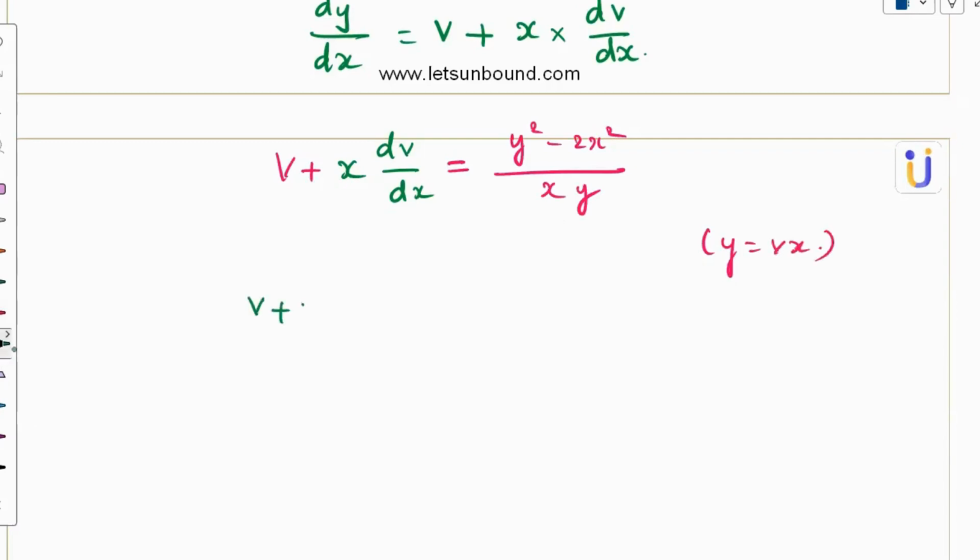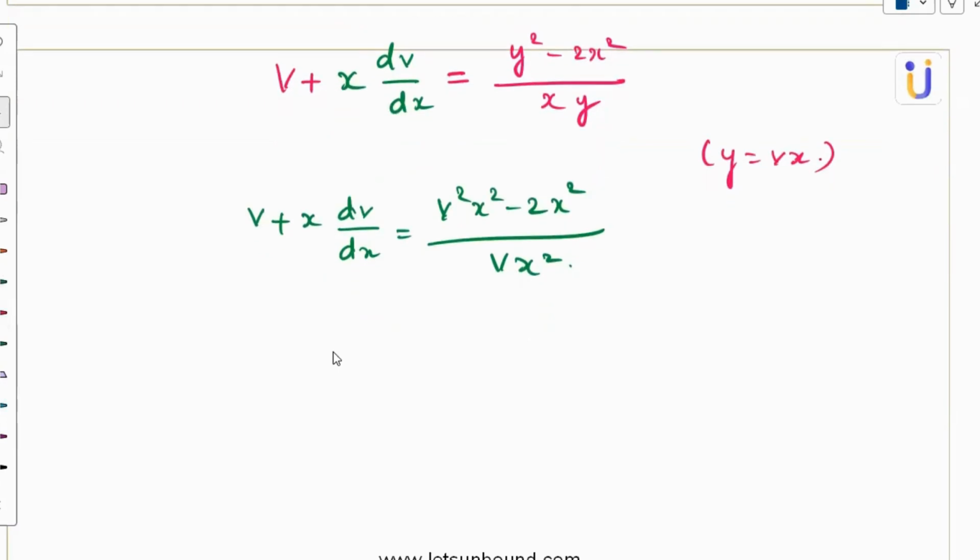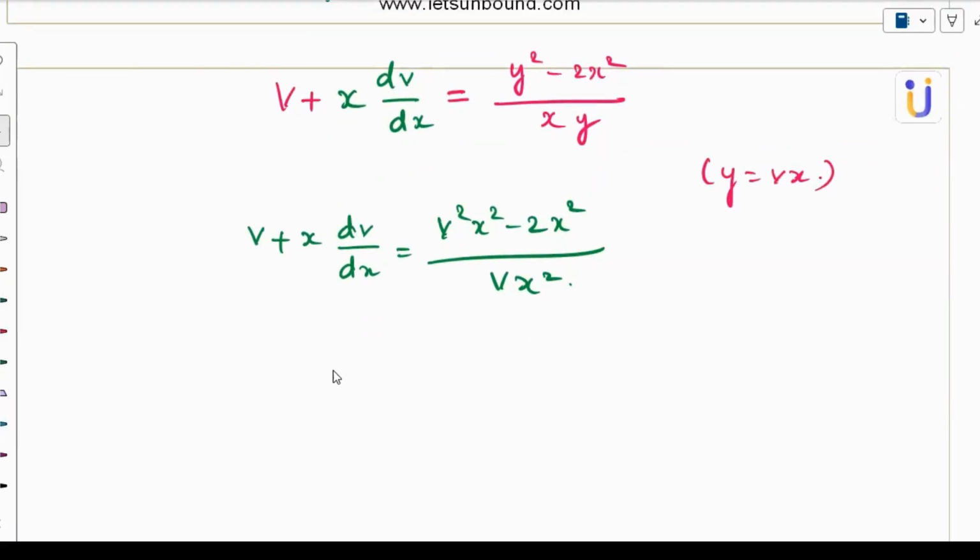So v plus x dv by dx is going to be v squared x squared minus 2x squared, over x into vx. x into vx is vx squared. Just a substitution. We need to simplify and represent the solution in y squared equals f of x form.